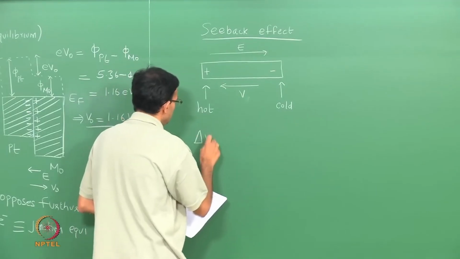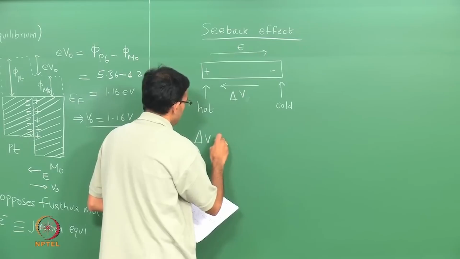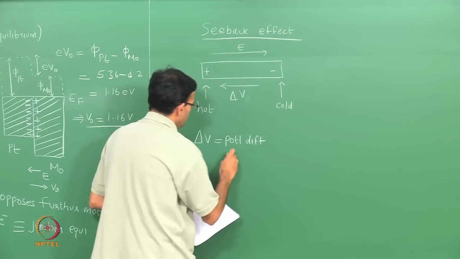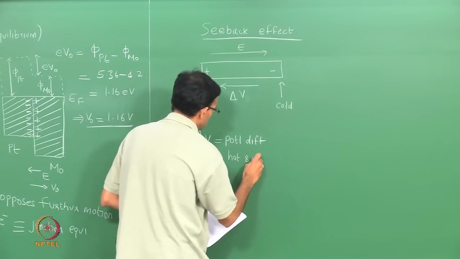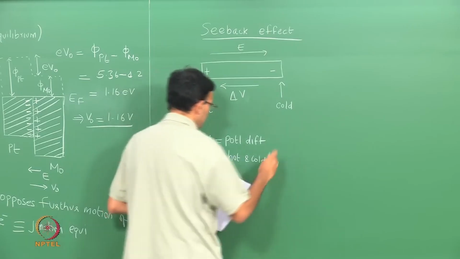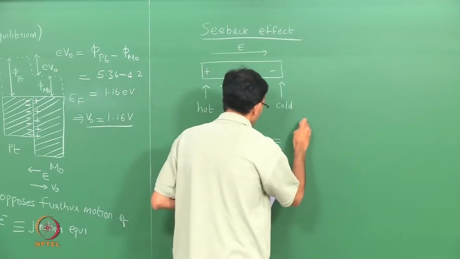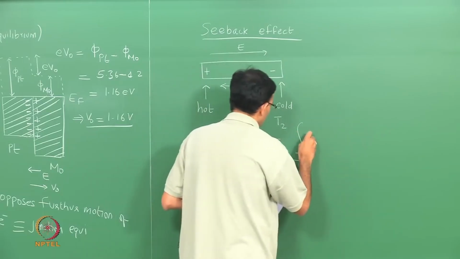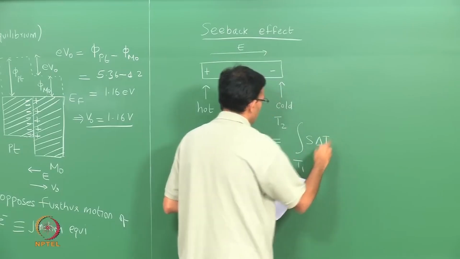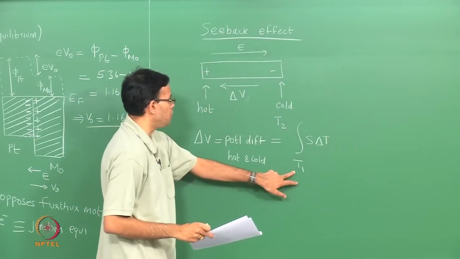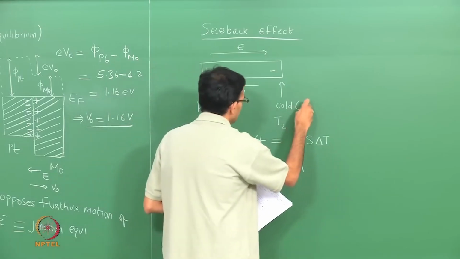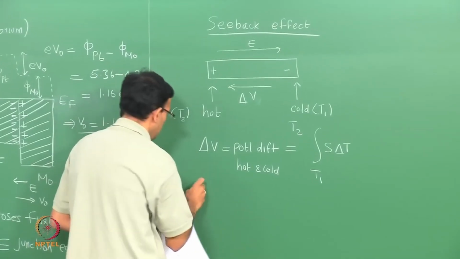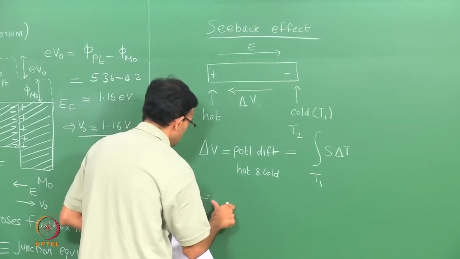So, delta V, let me write this as delta V here, which is the potential difference between hot and cold, is nothing but S times delta T. The integration is from T1, which is the temperature at the cold end, to T2, which is the temperature at the hot end, and S is called the Seebeck coefficient.